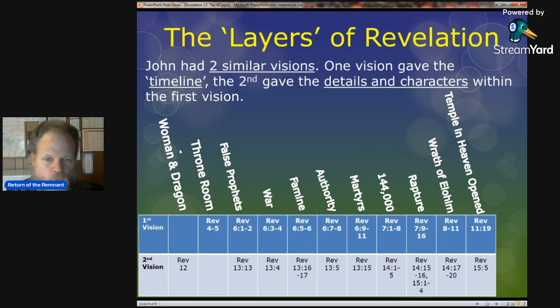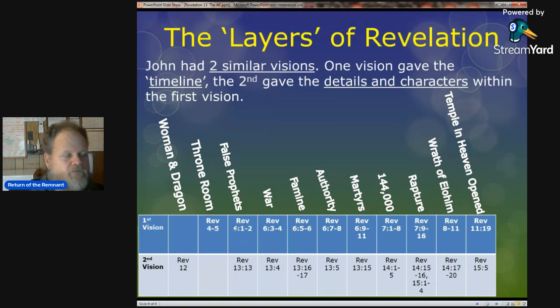That is the sequence. And scattered throughout other chapters, such as what we read about here in Revelation 12 and Revelation 13, are the details of some of those events that we got from chapters 6, 8, and 9.